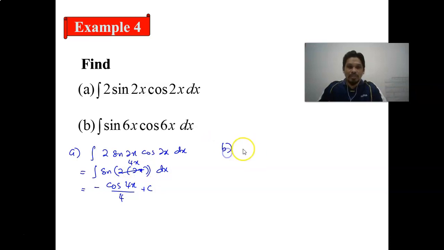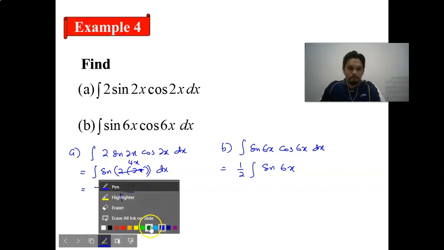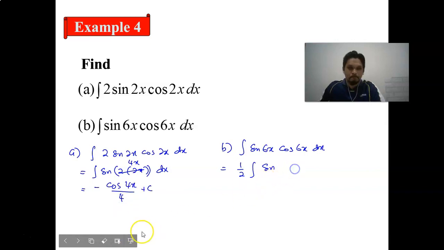Okay, question B, integral of sine 6x cos 6x dx. Okay, so this one here now, it is 1 over 2 integral of sine 12x dx.